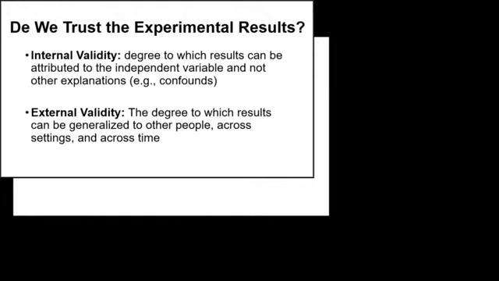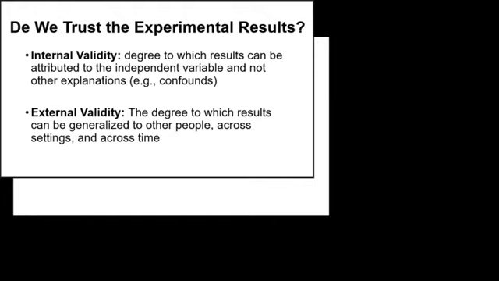If a study has high internal validity, then we're really certain that what our results say is from the manipulations that we did. If we have low internal validity, then we're not that sure that the manipulations are the cause of the results that we saw. Experiments point the way to that cause and effect relationship.